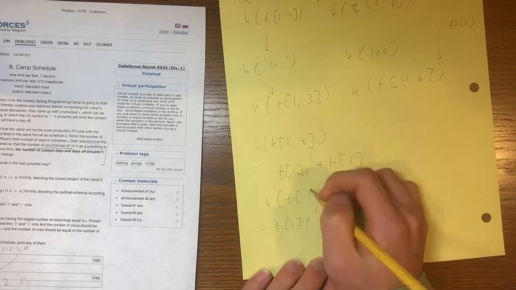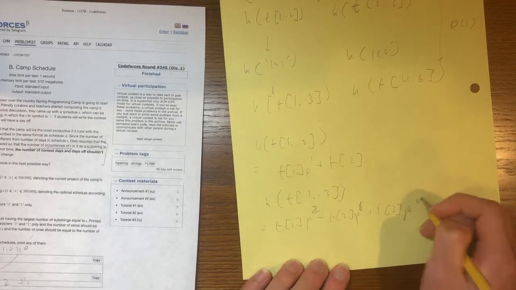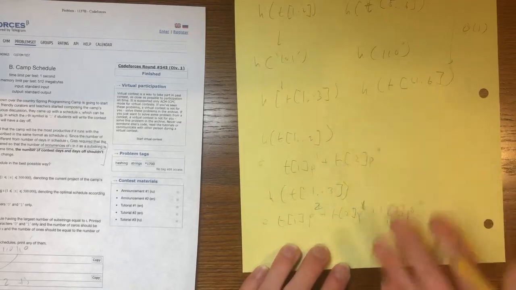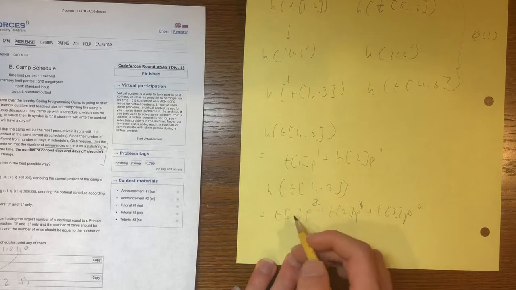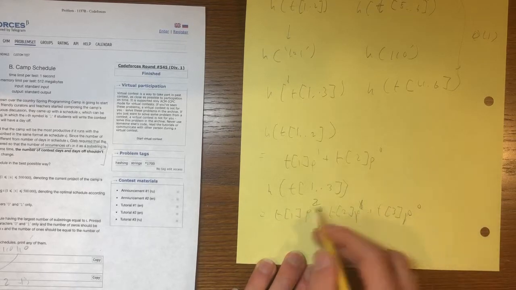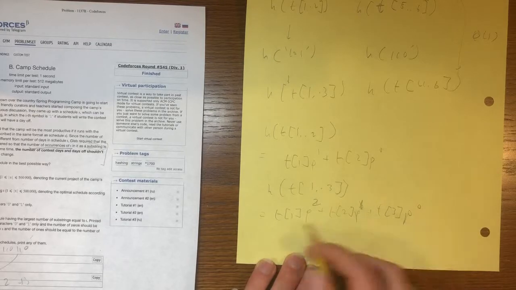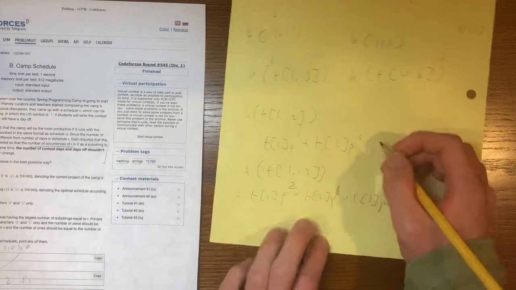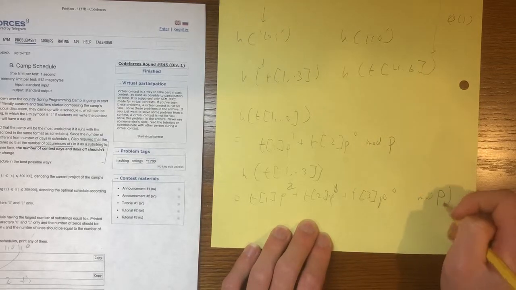Sorry, this should be prime to the second, this should be prime to the first, and this should be prime to the 0th power. This should also be prime to the 0th power, just for illustration purposes. What we're doing is just multiplying the string with a polynomial that represents our hash. And this is mod p, and this is also mod p, which is our big prime.